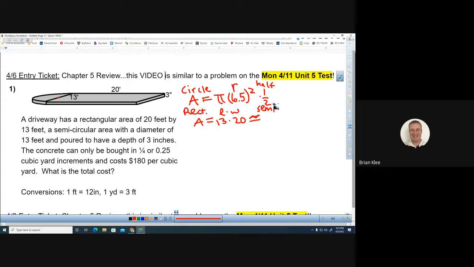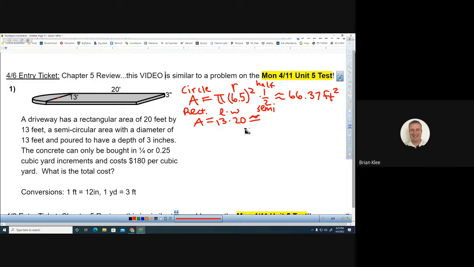So after I do pi times 6.5 squared, I get 132.7, but I need to multiply that by 0.5 or divide by 2 to get the final area of the semicircle, 66.37. Our unit right now is feet squared because I've multiplied 2 dimensions.